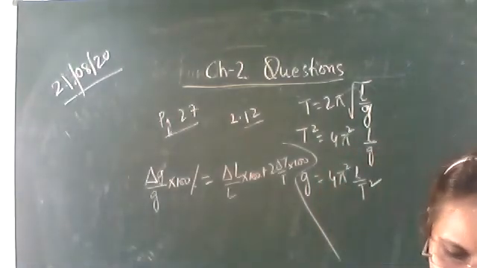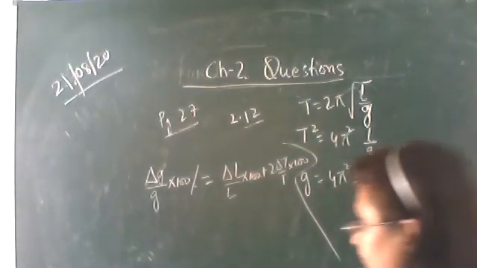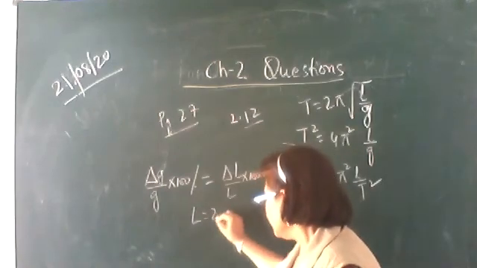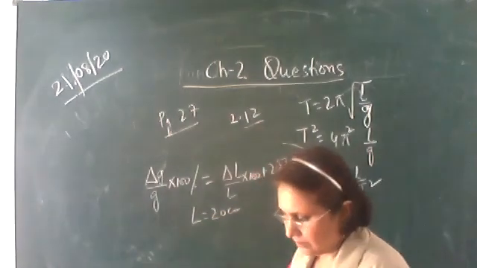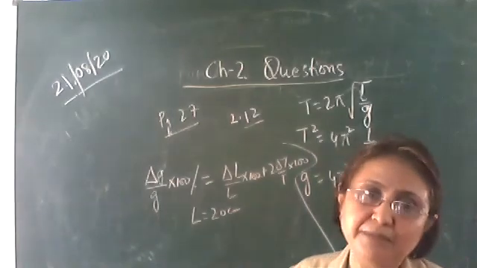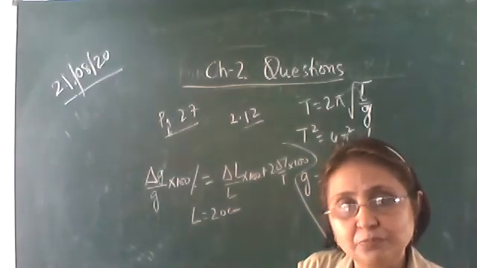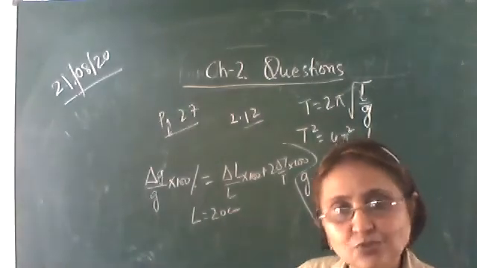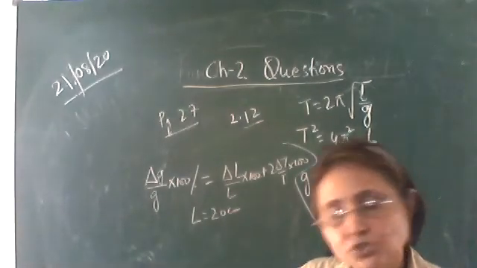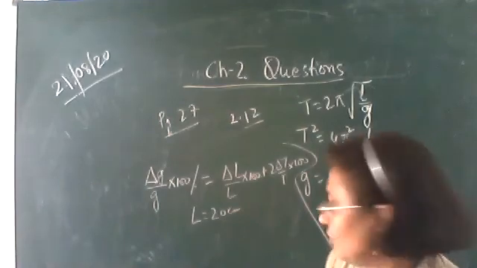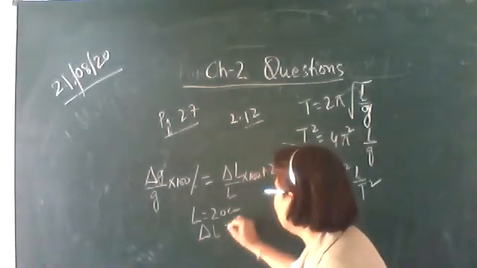Okay, now let's read the question. Measured value of length is 20 centimeter. L is given as 20 centimeter, which is known to 1 millimeter accuracy. That is the instrument which is used to measure it. Its least count is 1 millimeter. So what can be the maximum error? What can be the maximum absolute error in the length?